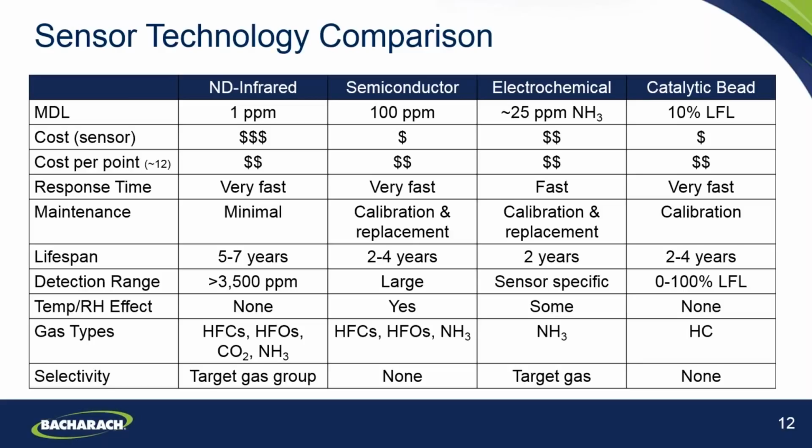As you can see on this graph as well, higher MDL instruments, again, just to reiterate, are designed for safety compliance, not for leak rate reduction. The concentration of a refrigerant leak in a large facility will always most likely remain low, so it's important to have instruments with the sensitivity that can actually detect those leaks.